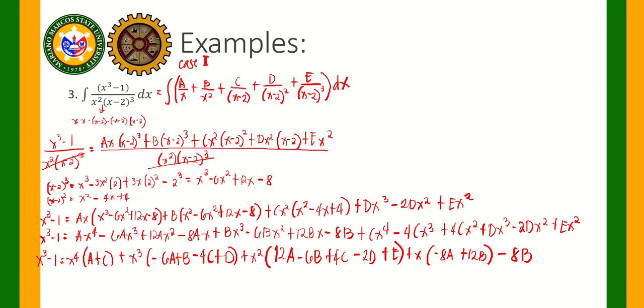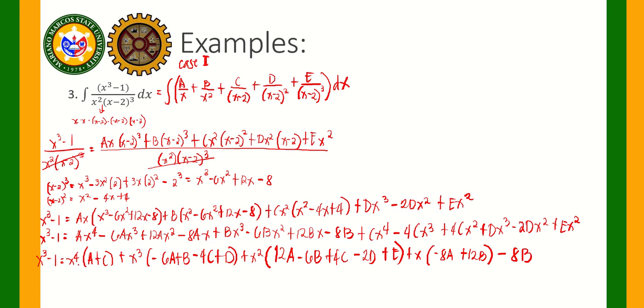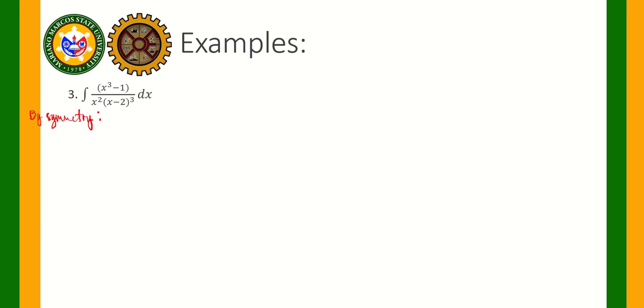Okay, so by symmetry ulit, method 2, this will be equal to 4x raised to 4. Since walang x raised to 4 dito sa left side natin, that will be equal to 0. So that is a plus c equal to 0.